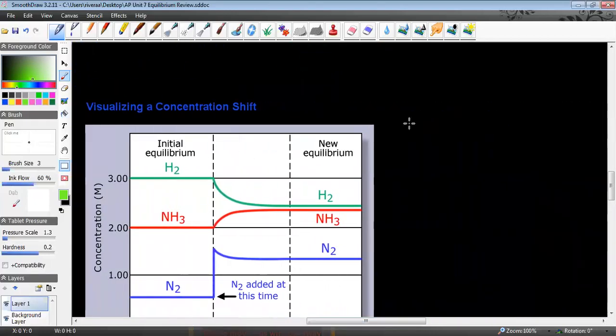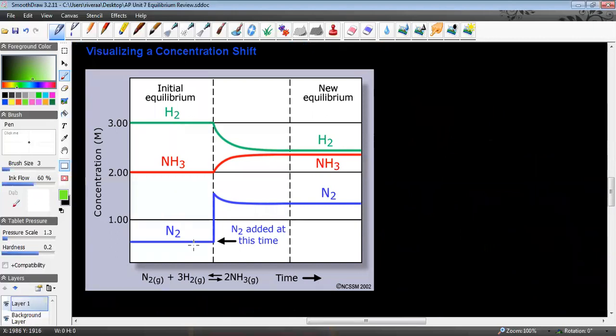All of a sudden, at that equilibrium point, I dump in a bunch of extra N2, and it doesn't want all of that extra N2. So what do we see happening? Do you see how the amount of NH3 goes up? I make more NH3 to use up that addition of N2. And in making more NH3 with that extra nitrogen, I'm also using up some of the H2.